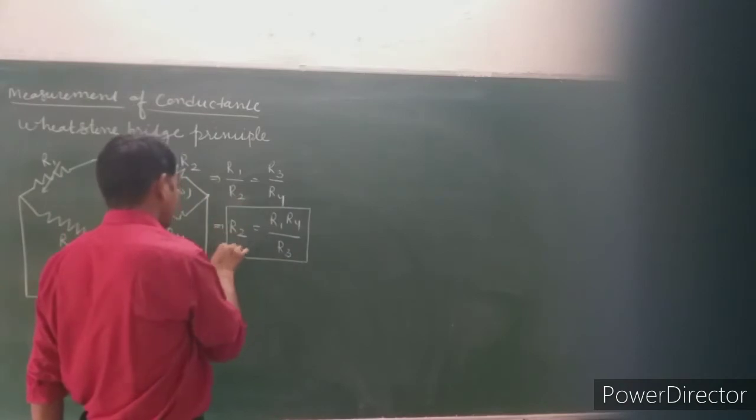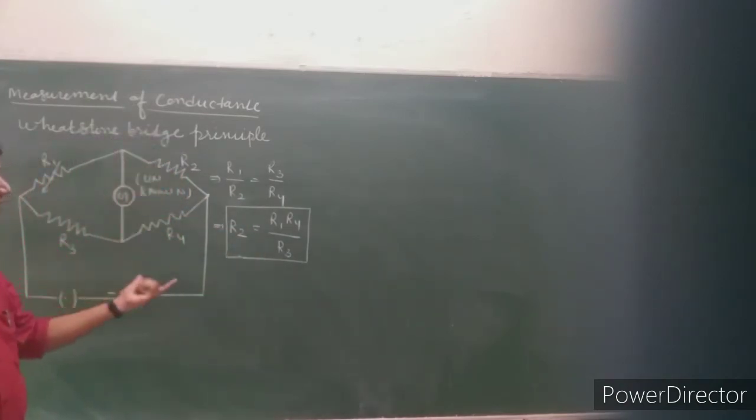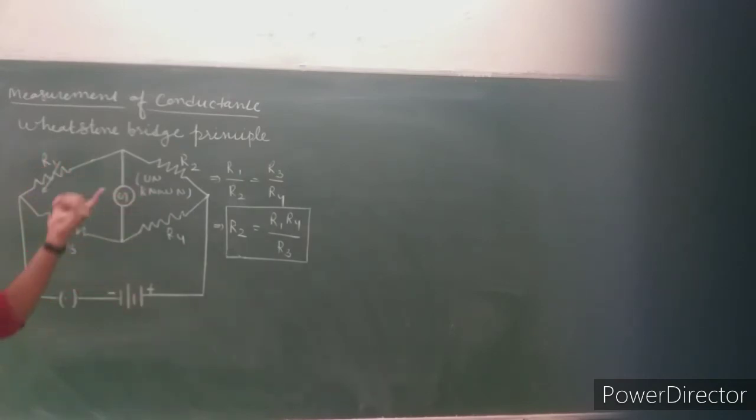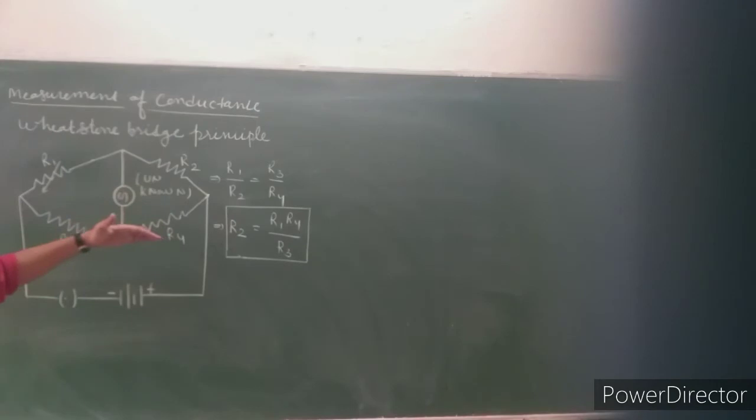By measuring the resistance of the unknown conductor, we can determine its conductance, because conductance is the reciprocal of resistance. The electrolytic conductance can be measured with the help of the Wheatstone-Bridge principle, and this was the introductory part.